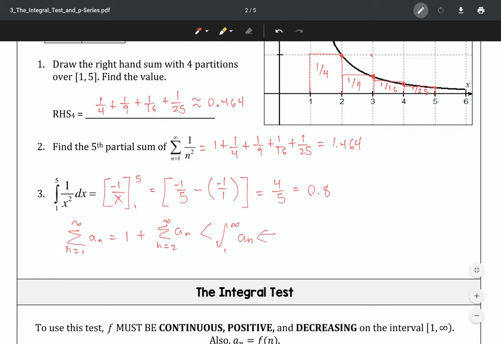So what that represents for you is that the integral is the upper bound of the series.